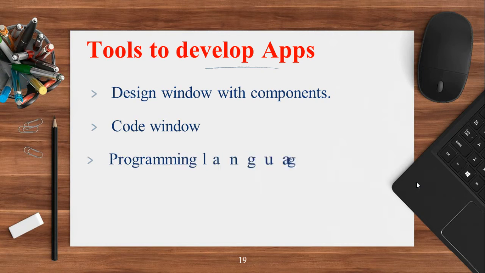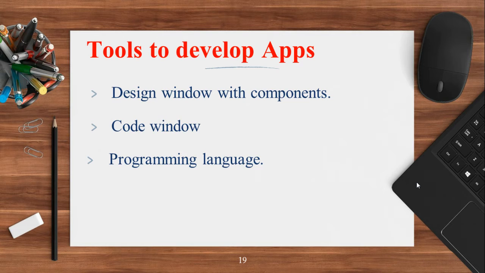So the next category is programming language. For this app development, for your syllabus, we are using the Java programming language. Okay. And not only Java, on the other side, it is based on the platforms. For example, the iOS platform is used for iPhone and iPad.